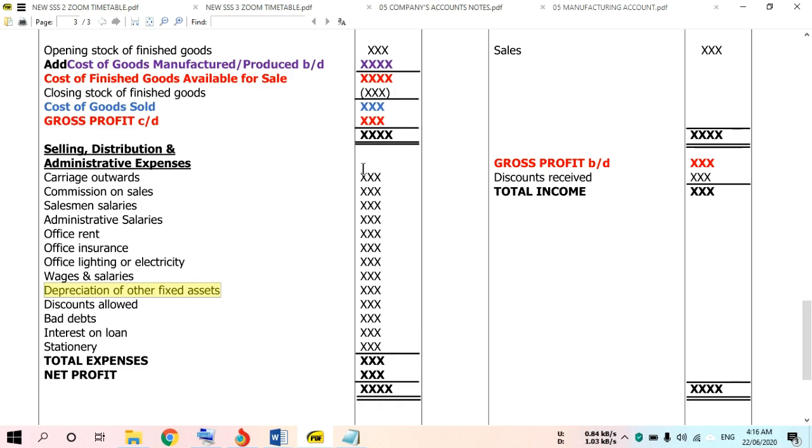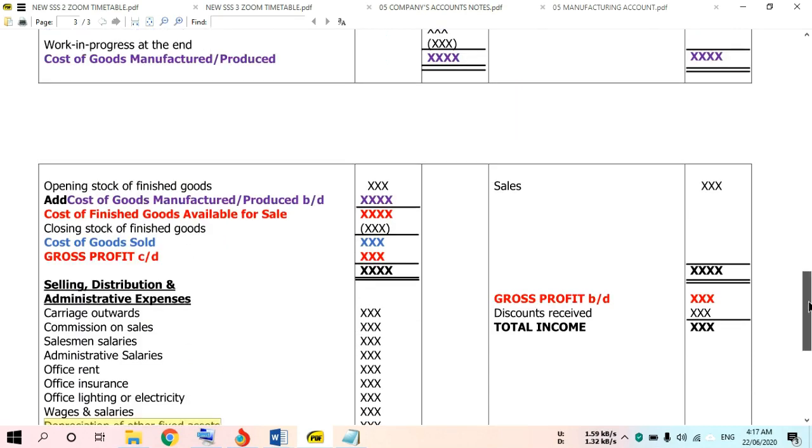When you add all this together, you get your total expenses. Compare total expenses with your total income. If your total income is greater than the total expenses, the balancing figure will be on the debit side, and that balancing figure will be called net profit. So that is that for the format.